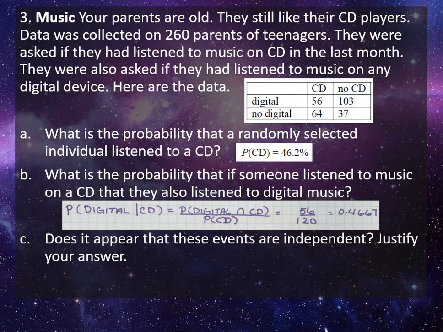But look, 46.2 and 46.7, those are really, really close. It's not that they're not the same. Can I even compare these two numbers? No. Because when I'm talking about given statements and independence, you've got to be very, very careful.